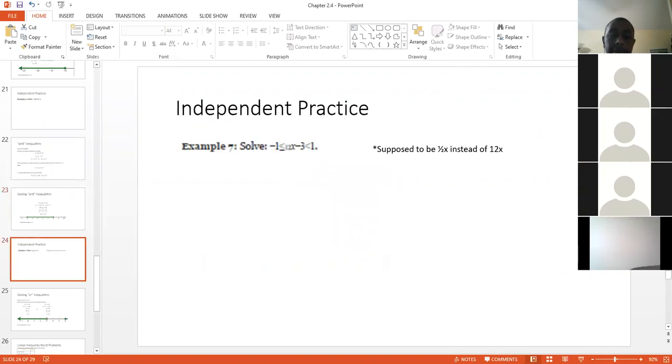Okay, here's the independent practice. Make sure to note that the small 1 and 2 is 1/2 instead of 12x.